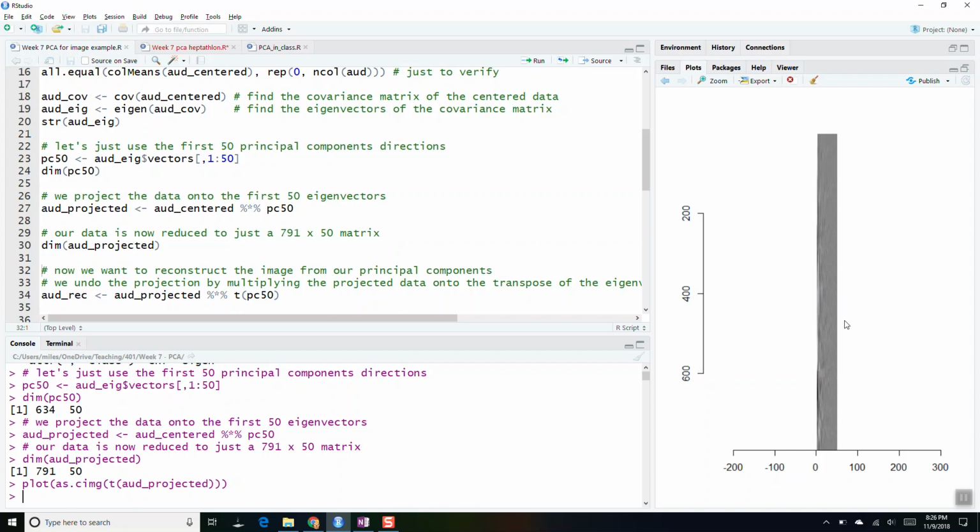In order to make sense of this, we have to take our reduced data and undo the projection back into 634 columns. We've compressed it down to just 50 columns, but we have to undo that lower dimensional projection and recreate something in a higher dimensionality.